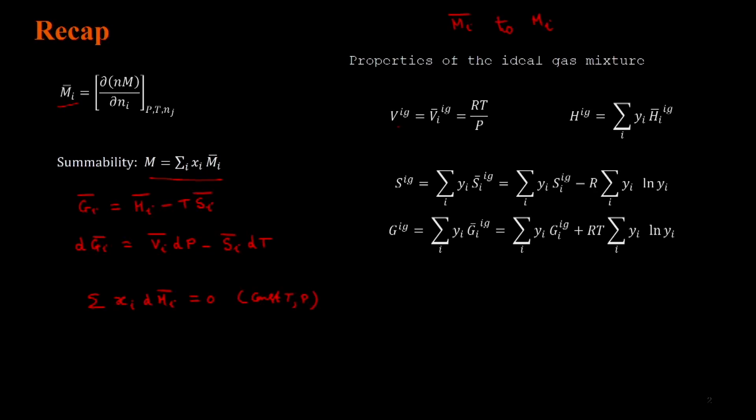Hence in a mixture, V for the mixture is going to be the same as Vi bar ig, and H for the mixture is going to be summation of Yi Hi bar ig, so this will be summation of Yi Hi. And for entropy and Gibbs free energy, however, there are going to be additional terms, in addition to the pure component values Si ig and Gi ig.